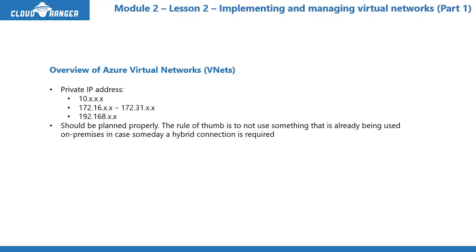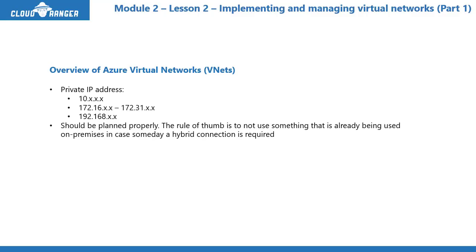As you remember, in previous slides I mentioned that your virtual network is defined by the private address space, right? So you need to give a private IP address as the network ID, and all the machines or resources that you will be creating will all have those IP addresses.